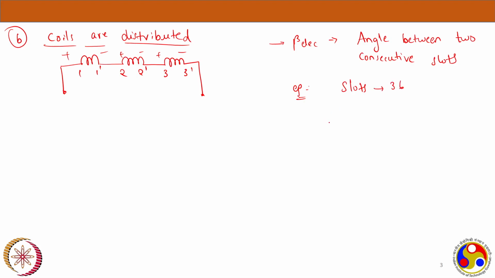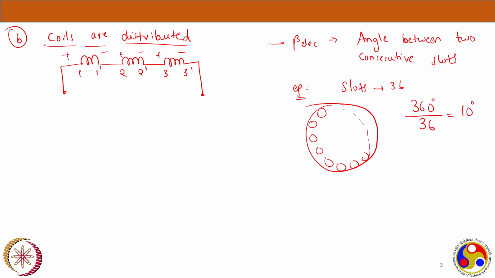If I'm trying to calculate the beta in it, I need to spread those 36 slots across the 360 degrees of the machine. So each angle between consecutive slots should definitely be 10 degrees.